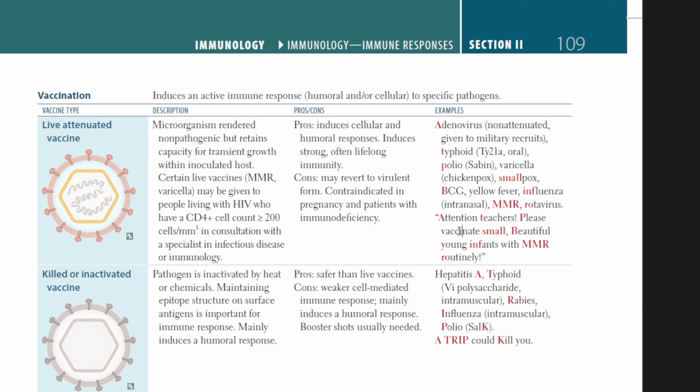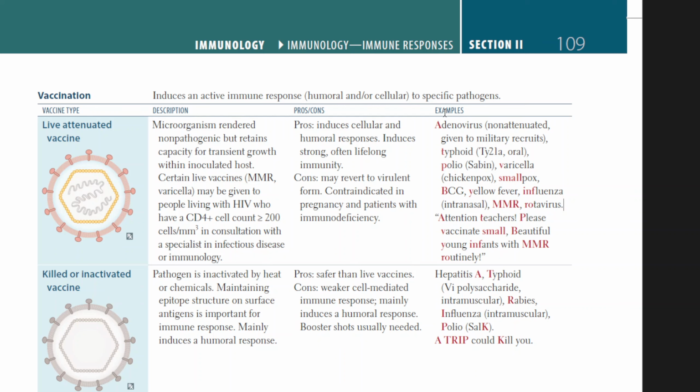Attention teachers, please vaccinate small beautiful young infant: small for smallpox, beautiful for BCG, young for yellow fever, infant for influenza. That reminds you of MMR, and routinely is for rotavirus.